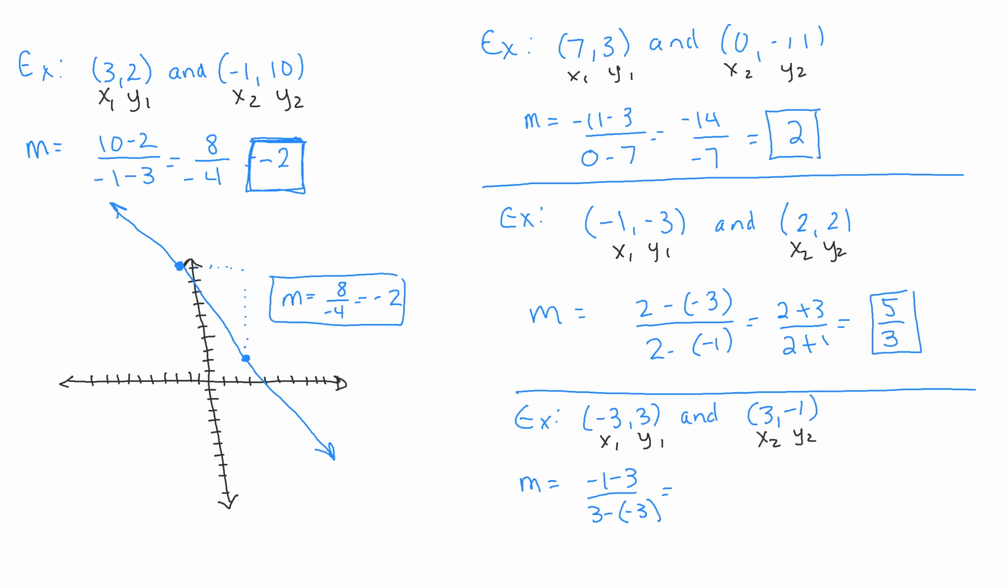Well, negative 1 minus 3 is negative 4. 3 minus negative 3 is 3 plus 3. So I have negative 4 over 6. I always want to reduce or simplify. Now I've got a negative divided by a positive, so my slope is going to be negative. But then 4 and 6 have a 2 in common, so this reduces to negative 2/3.